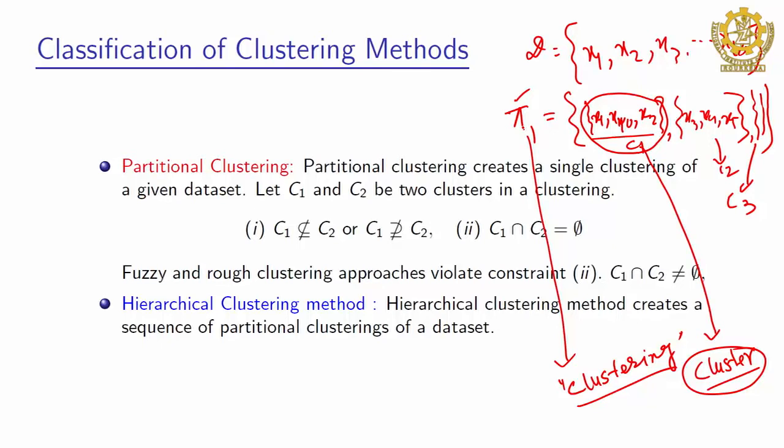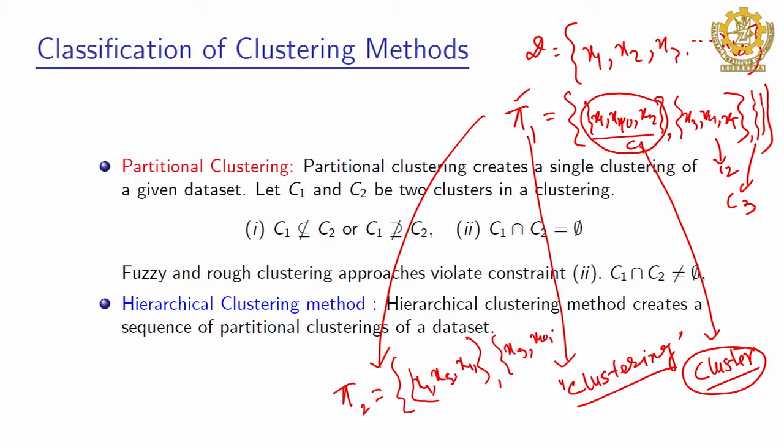So, this is something called a single partition. Some other clustering technique can give results, let us say pi 2, as x 1, x 10, x 2. So, x 1, x 5 and x 11. So, this is C 1 and C 2 is something else, x 3, x 10 and so on.